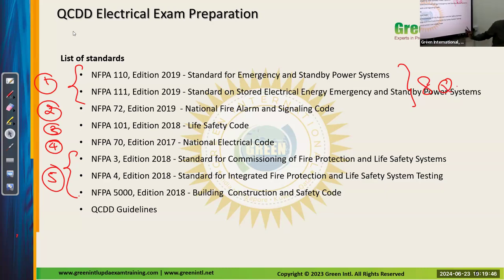Again, this is statistical information, because I wrote the exam based on my experience.